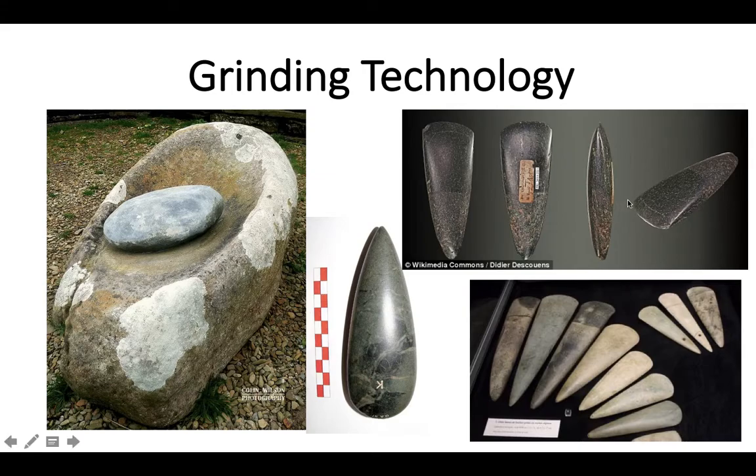The polishing was achieved after grinding for a longer time period. They used to use sand in between, and mostly they also used water at the time of grinding, so that the stone tool can be polished easily. And then sometimes they get a glazed look after the polishing.